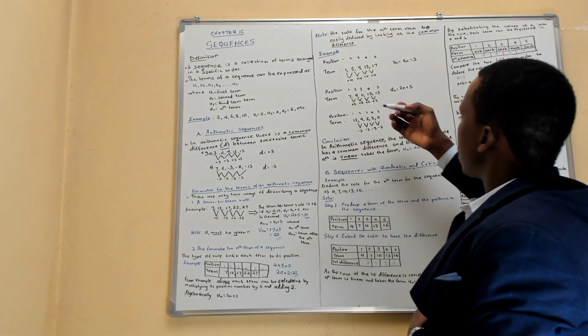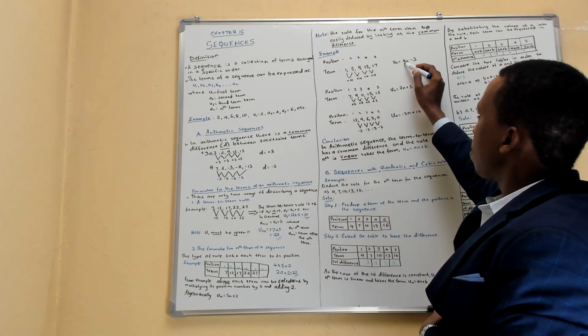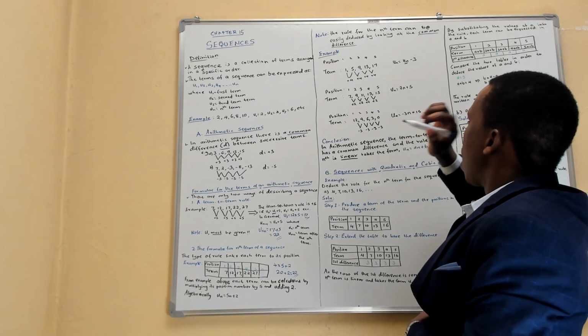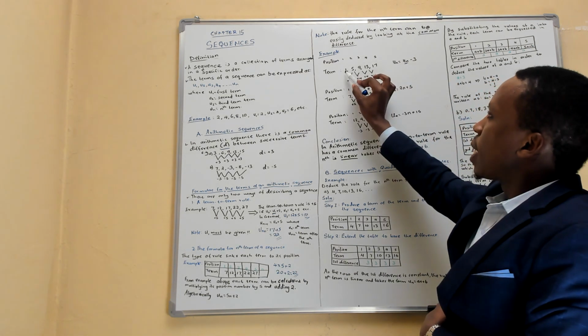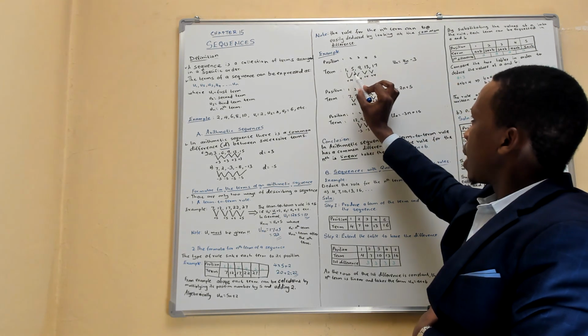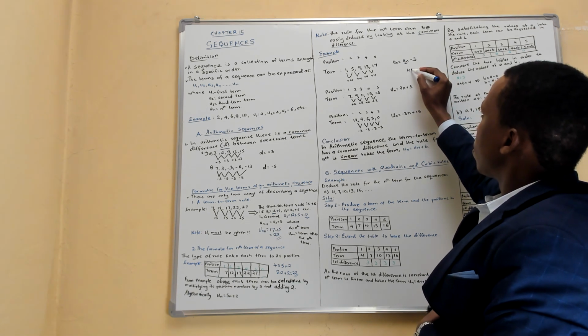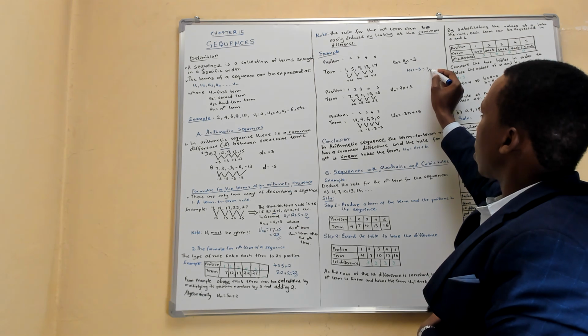So if I look at the common difference here, I see it is positive 4, so I just have 4n. But now I need to get 1, what is done here? You subtract 3. So 4 times 1 minus 3, I get 1.